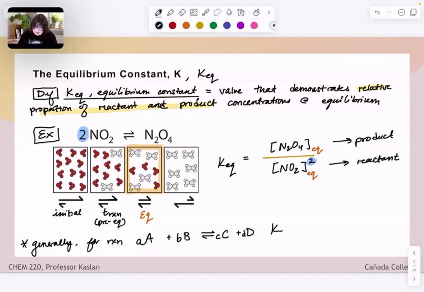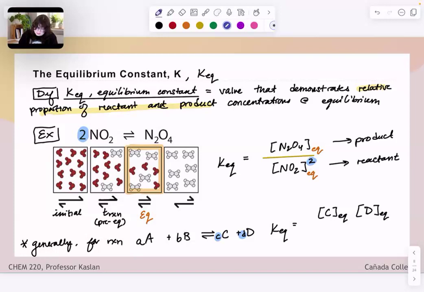Then KEQ would be a quotient of products, so that is our equilibrium concentration of C times our equilibrium concentration of D, and we need to account for their stoichiometric proportion in this ratio we're building here for our equilibrium constant.